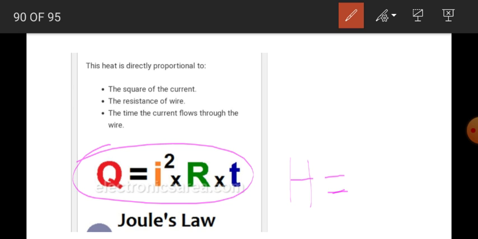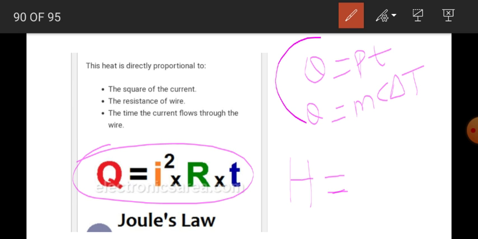Although in the calorimetry chapter we used Q. If you remember, Q is equal to PT, Q is equal to mc delta T, in case of an electrical heater. So we can use Q as well, no problem, but here since this is related to electricity and Q we are using for charge, they have used H in your textbook.